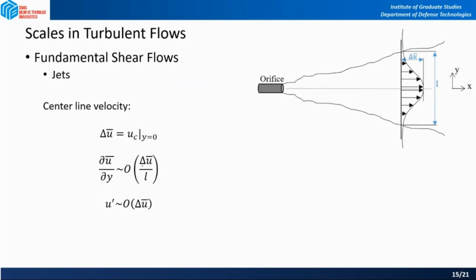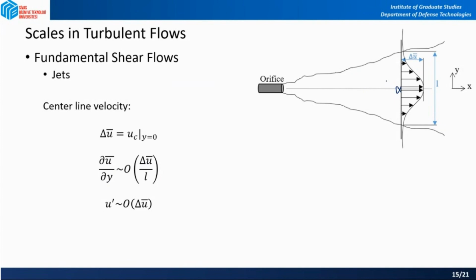The second type is a jet flow, the second shear flow. What we are talking about is some orifice you can consider, and it issues a turbulent jet outside. If you take a cross section at each x location and plot the velocity profile, you will get something like this.